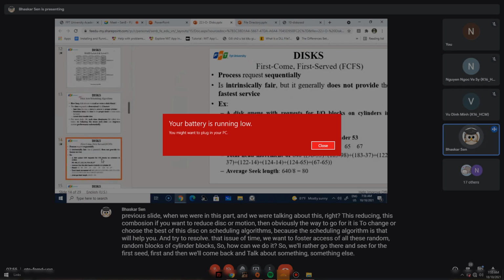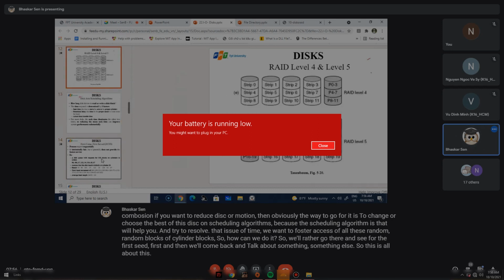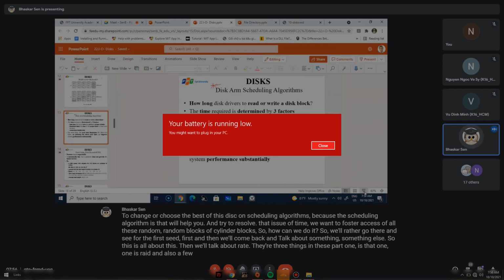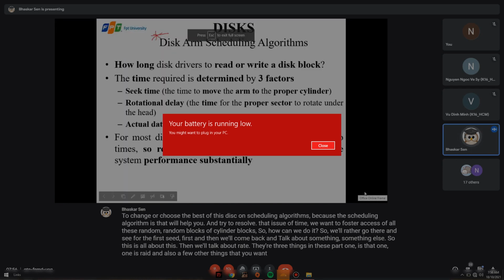So this is all about disk. Then we'll talk about RAID. There are three things in this part. One is RAID, and also a few other things that we do on disk. So this part is all for disk.